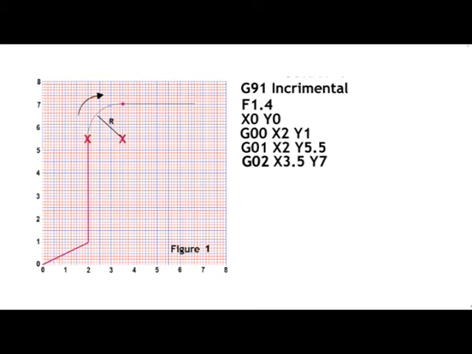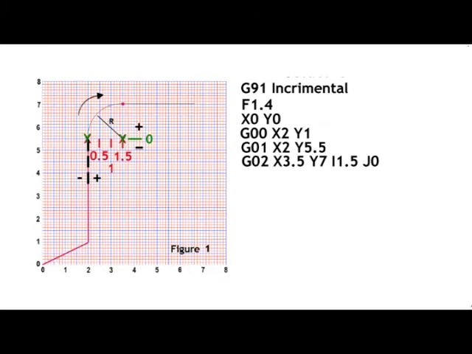The difference is where the center is in relationship to the start of the arc. I is in relationship to X, J is in relationship to Y. So I is 1.5 in the positive direction, and J is on the same plane as Y. So that would be I1.5 and J0. The block will be written as G02, X3.5, Y7, I1.5, J0.